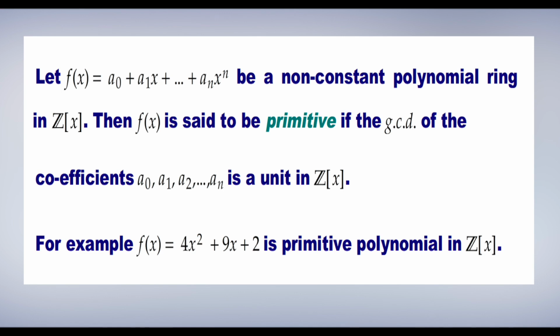For example, f(x) = 4x² + 9x + 2 is a primitive polynomial in Z[x].